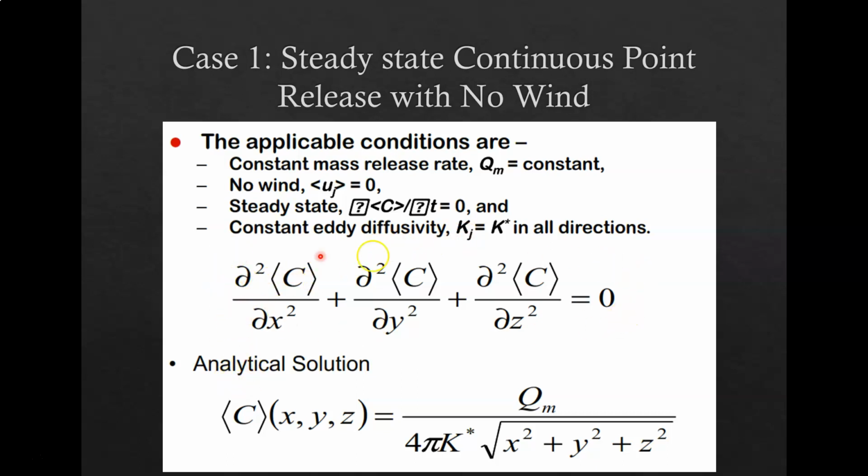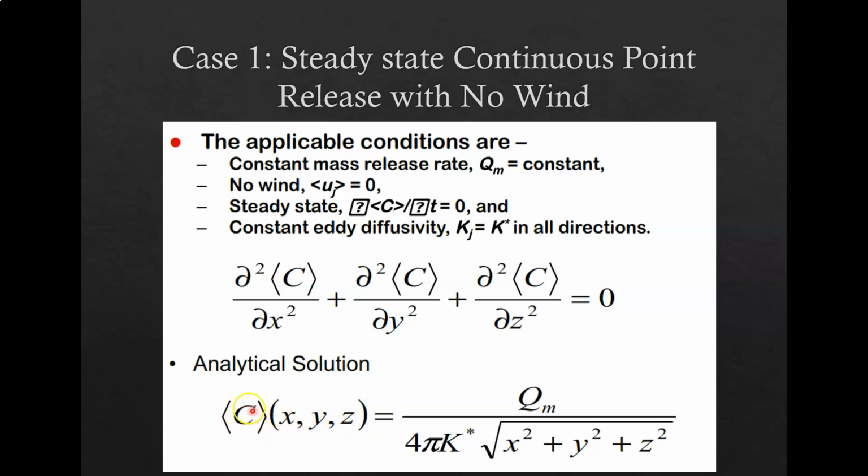So we simplify the equation and we get the analytical solution. The analytical solution is used to find the value of any parameters that you intend to determine. For example, with this analytical solution, you try to determine the concentration of the gas release at coordinate x, y, z.